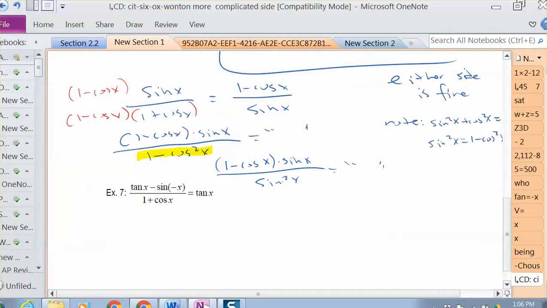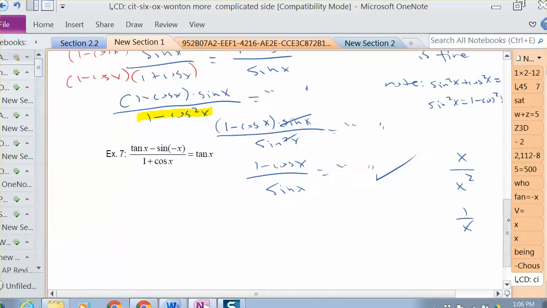Now I've got sine x over sine squared x. When you have x over x squared, we know it's 1 over x. So it's kind of the same thing. And now you've got them verified: 1 minus cos x over sine x equals that, and it checks off.